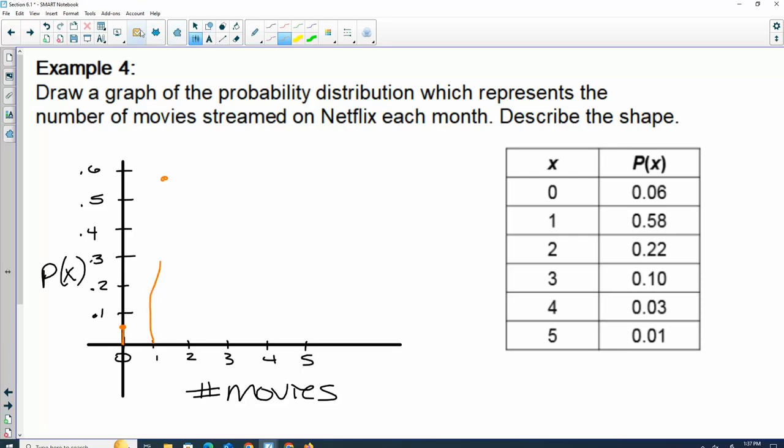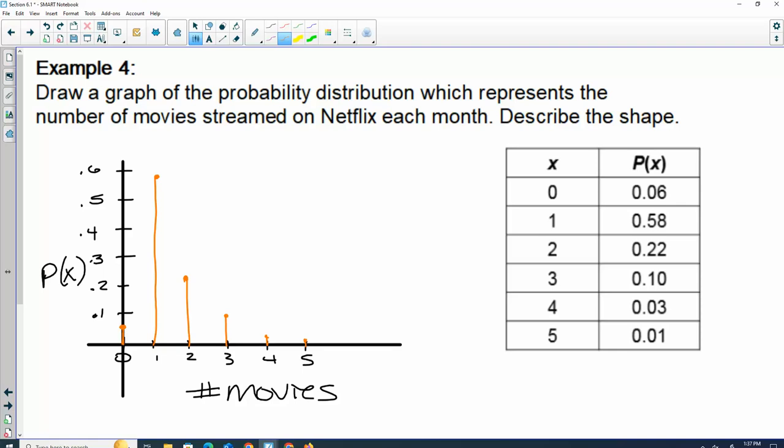Ooh, can't draw a straight line though. Two, 0.22, 3, 0.1, 4, 0.03, 5, 0.01.